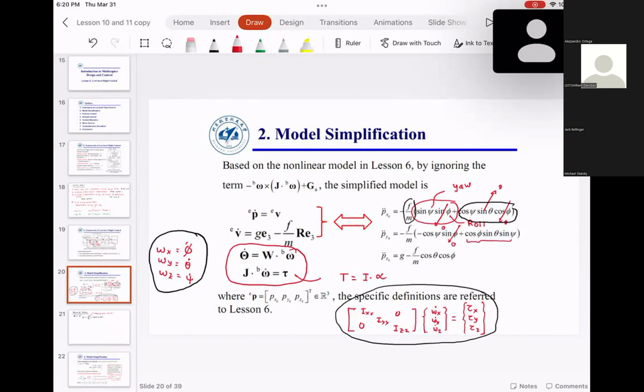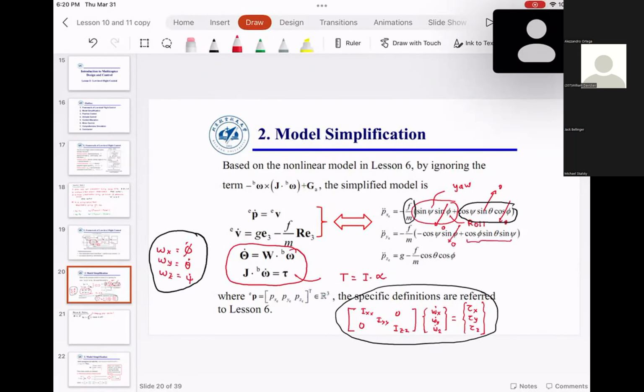Because I pitched and I want to go forward, but because of the coupling that I have over there, I actually get that term. How would I eliminate that term? The only way I can eliminate that term is to ensure my heading is 0. Are you with me so far?